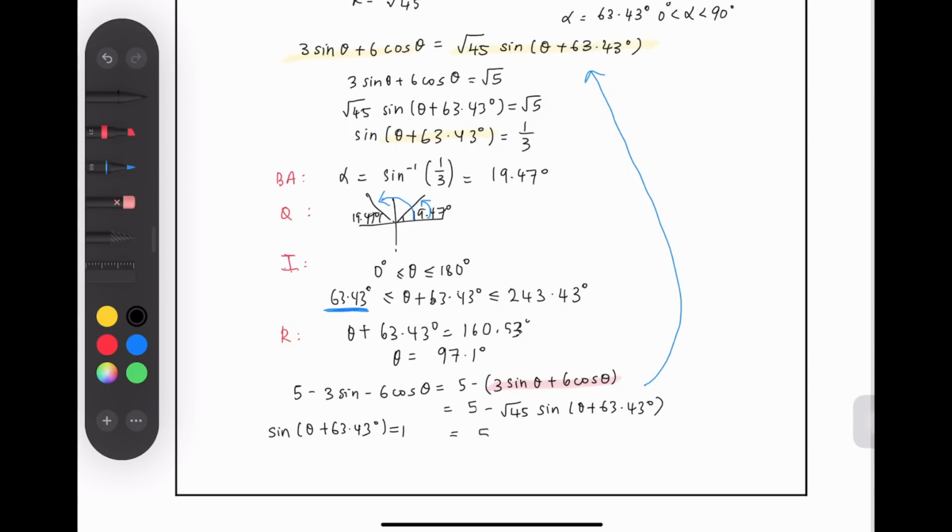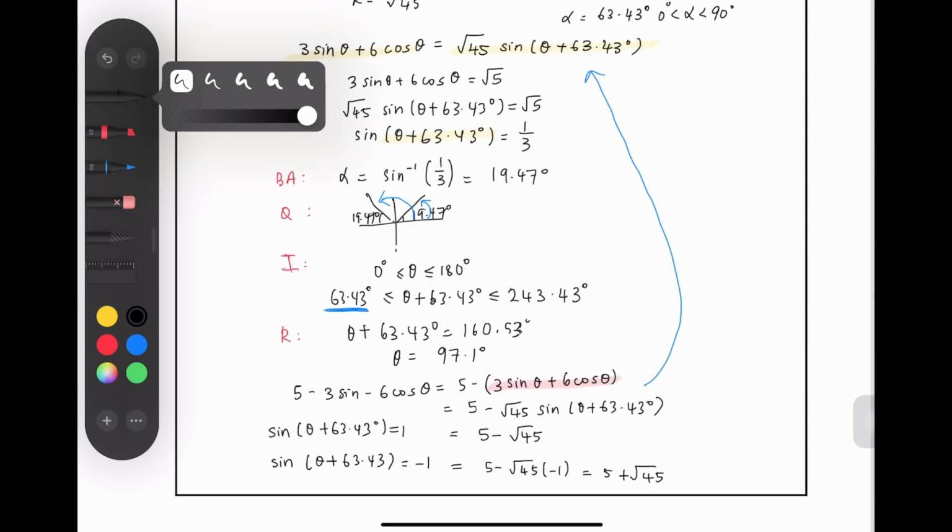Then it becomes 5 minus root 45. But when I substitute sin(theta plus 63.43) equals negative 1, then it becomes 5 minus root 45 times negative 1, and that is 5 plus root 45.